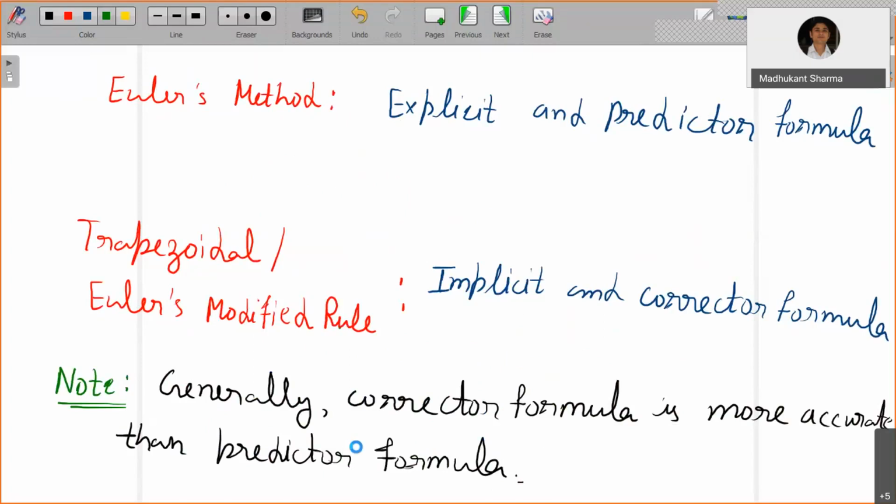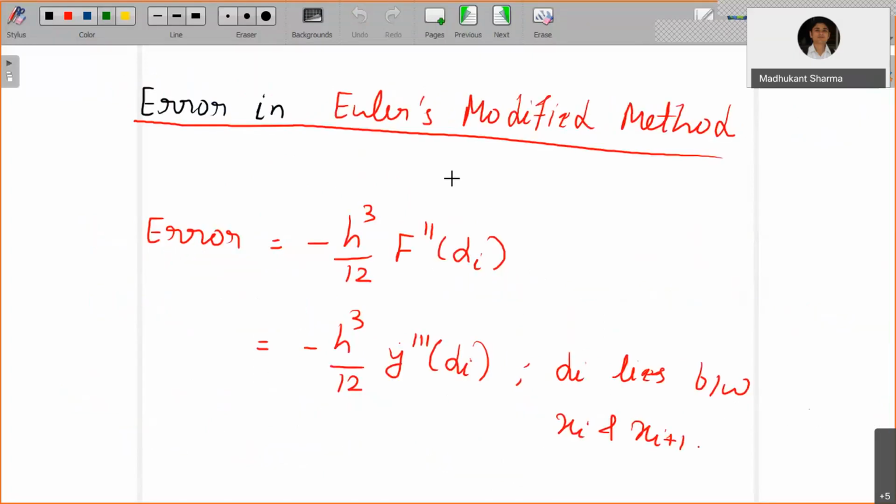The error in Euler's modified method is given by the trapezoidal rule. What we have learnt there was minus h cubed by 12 f double dash at d_i, but f double dash here is my third derivative at d_i. That is derived similarly to what we did in the numerical integration case. Here d_i lies between x_i and x_i plus 1.